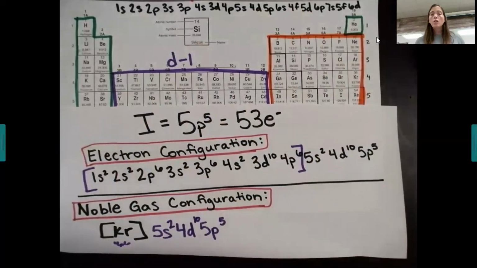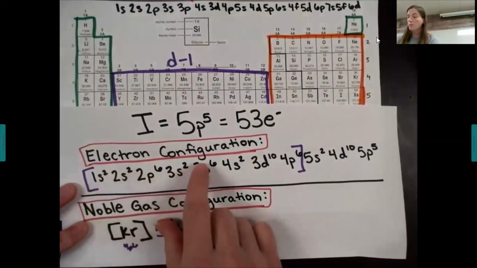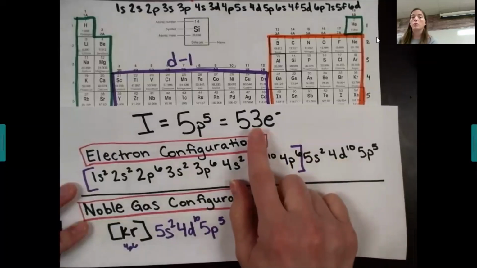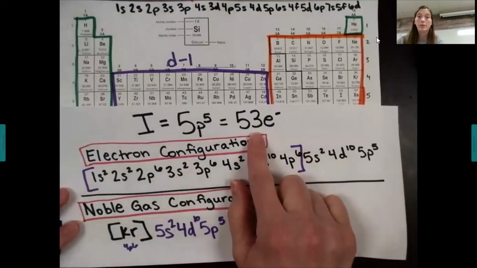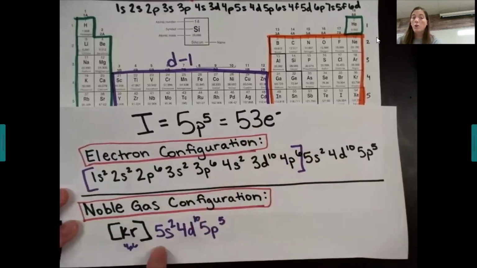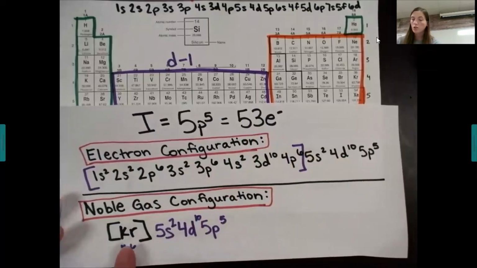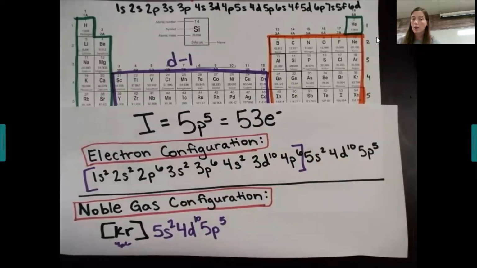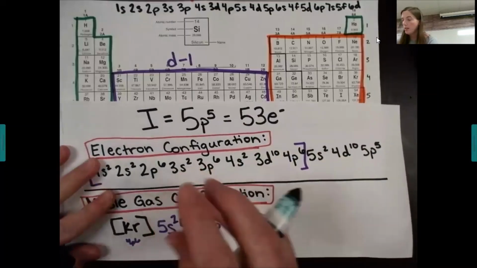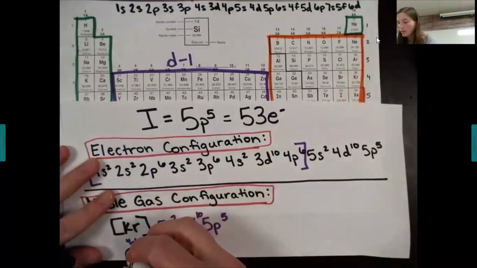In the past, the way I said to double check that you have the right answer is to add all the superscripts together, and it should equal your total number of electrons, or the element's atomic number. With noble gas configuration, you can do the same thing. You start with krypton's atomic number, which is 36.